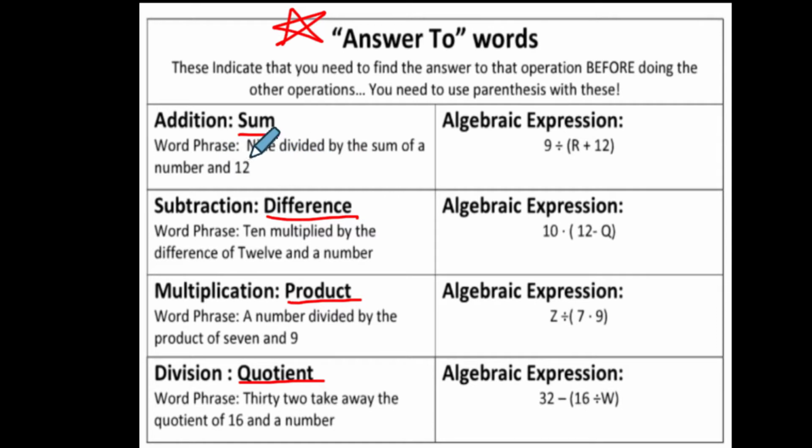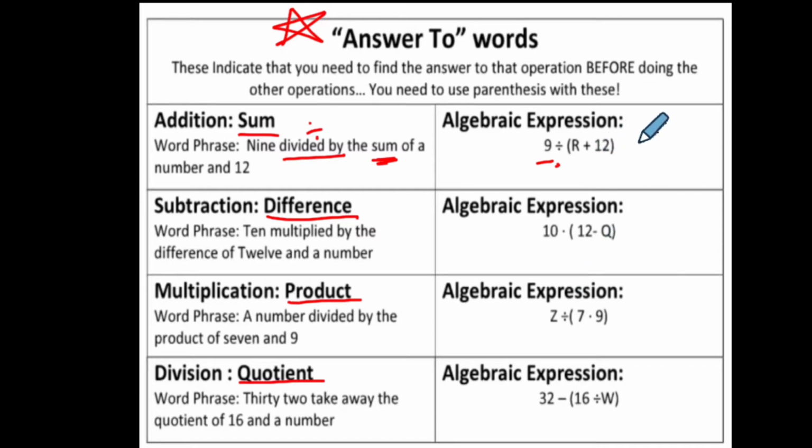The word phrase: 9 divided by, so I know that's division, the sum of a number r and 12. So here is 9 divided by the sum of a number r and 12. Notice that in this question, they inserted parentheses around the r and the 12.